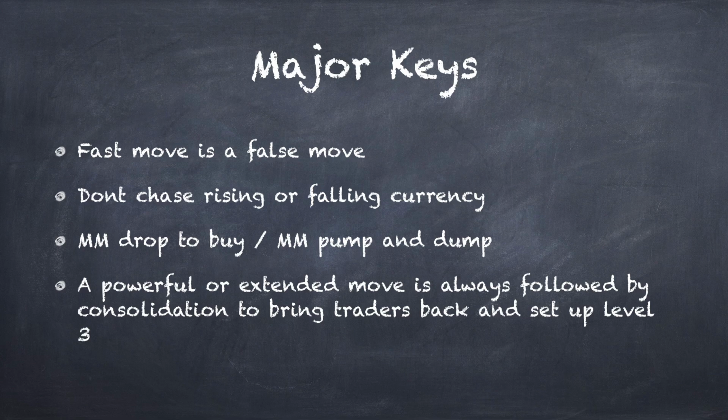And you go up 100 and something pips in one candle. What happens the rest of the day? Tell me what happens. It consolidates for the rest of the day, right? Because the move has already been done. So that's what I'm saying. A powerful and extended move is always followed by consolidation. Typically, that's where you're at level 3.